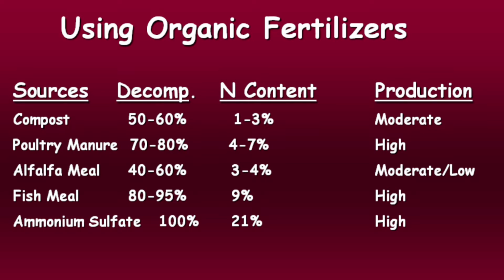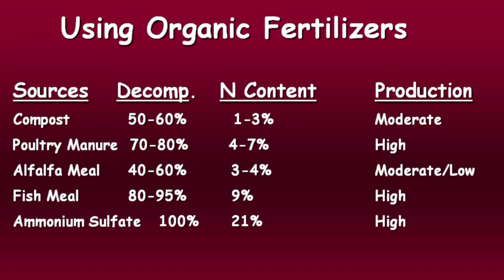Poultry manure has a very high rate of availability and a very high amount of nitrogen, so that can burn crops pretty easily. I've seen that done too. Alfalfa meal, most of the meals are pretty good because they're pretty high in nitrogen and they're moderate to quick acting in soil. They're easier to manage, I think.